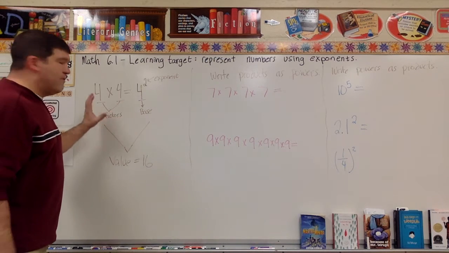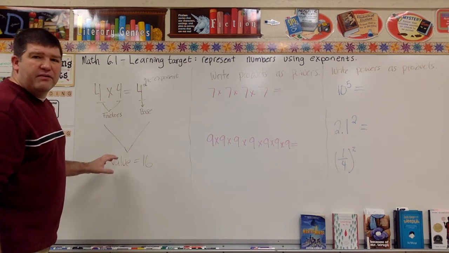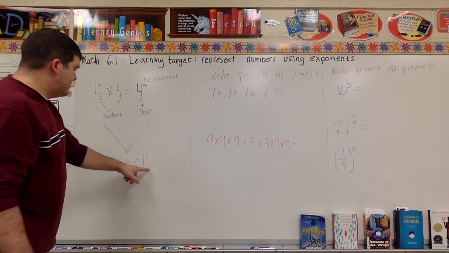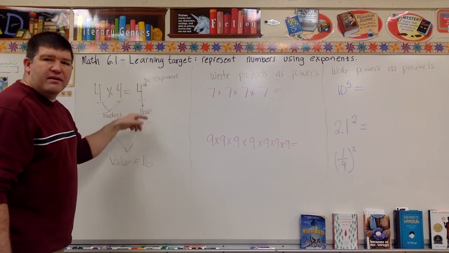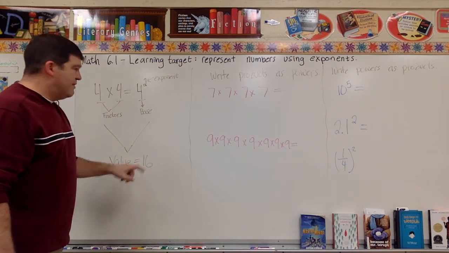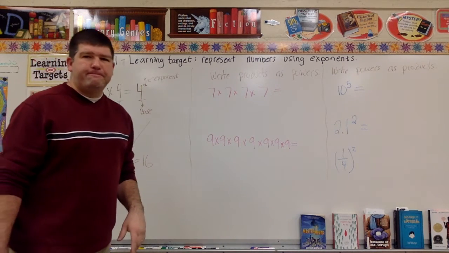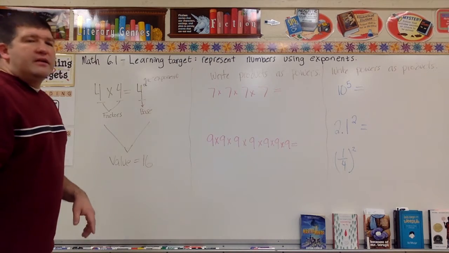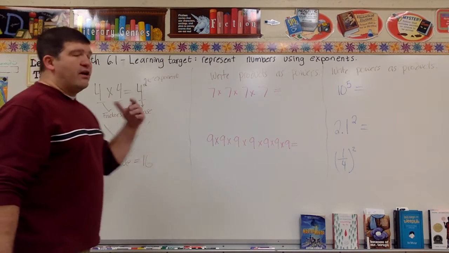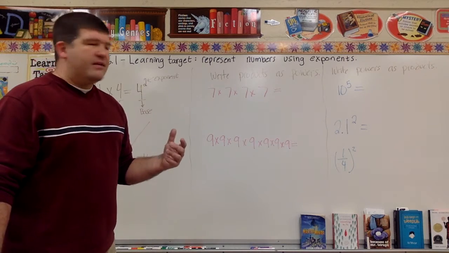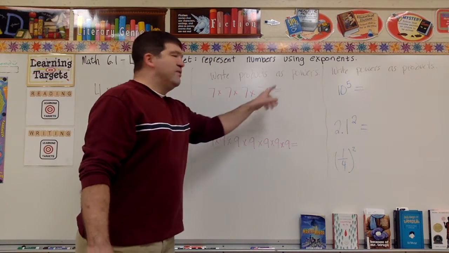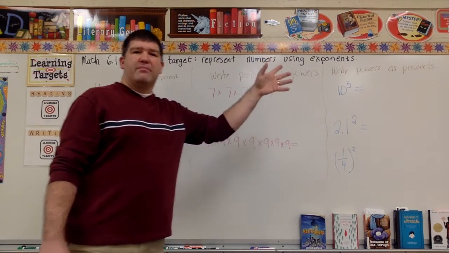So the value of 4 times 4, or the product, is 16. Just like 4 to the second, the value of it, the product, is 16. Now, the factors all have to be the same. You can't do this with 7, 6, 3, 2, and then put 7 to the something.